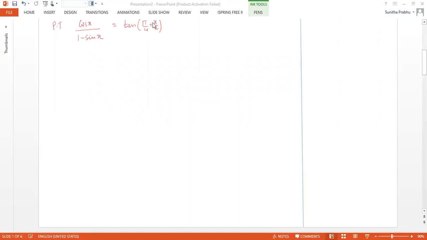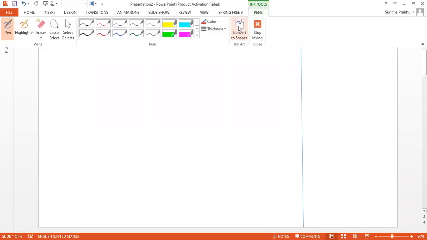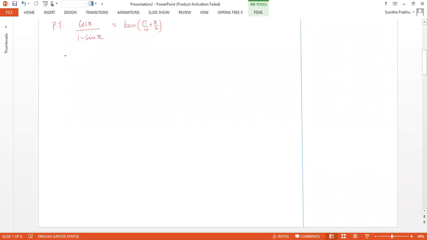Yes, sir. So I think we have to change cos x into the formula for cos x by 2, and we'll do that first, because then you can get rid of this one, right? Yes, sir. Let me try that. I'll keep this as cos x itself, and then I'll change this as 1 minus cos of 90 minus x.